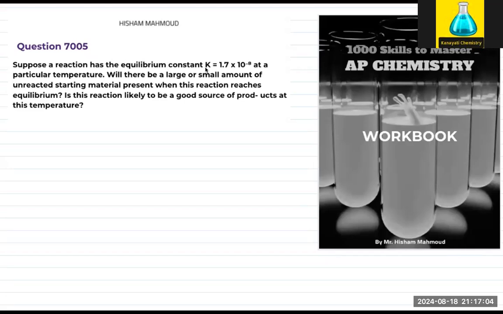The reaction has the equilibrium constant K equal to 1.7, and this time it is to the power of -8. So this means that the decimal point is moved 8 times. So 1.7 moved 8 times means that this is 1, 7, and then there are zeros: 0, 1, 2, 3, 4, 5, 6, 7, 8, and one more 0.